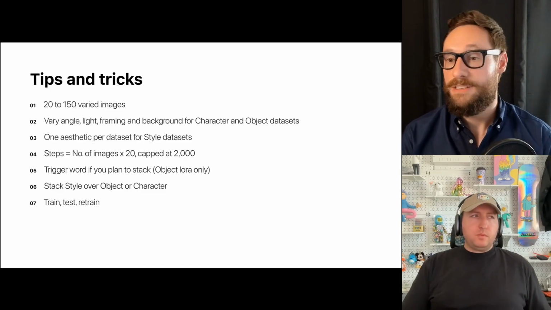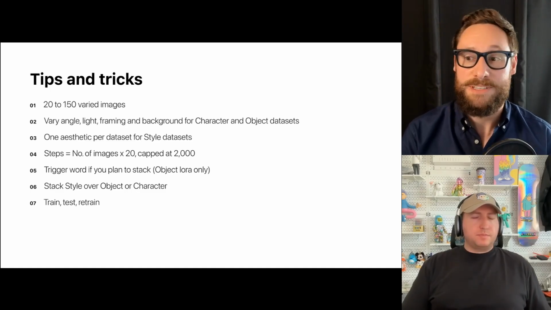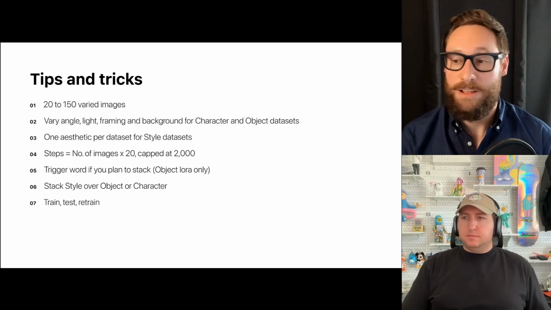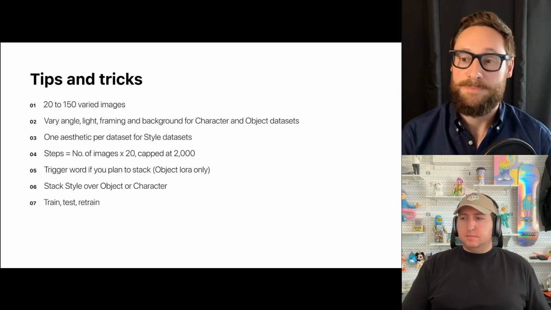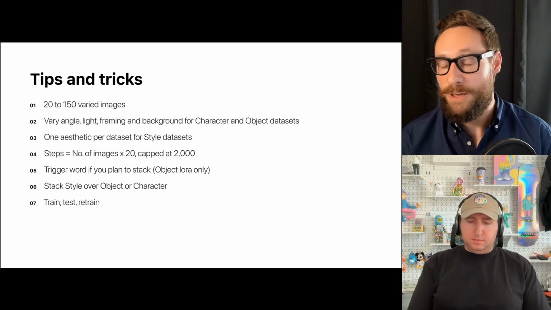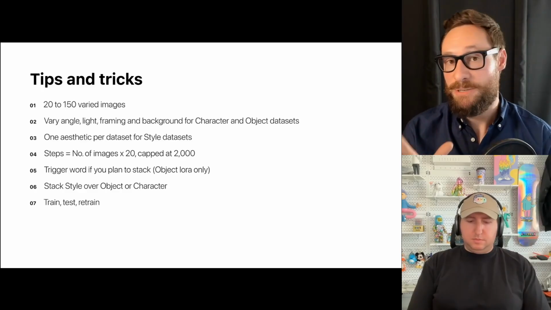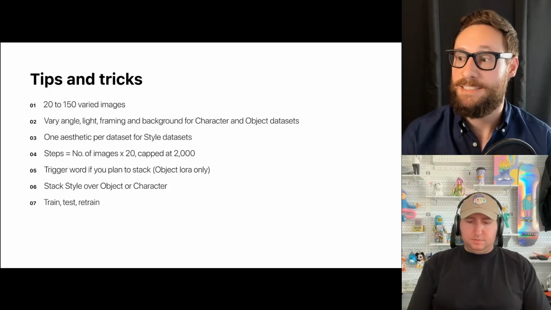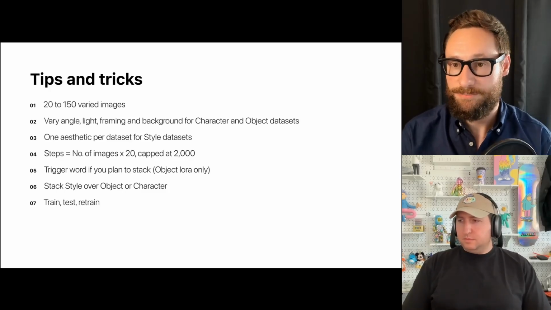Steps are essentially the number of images times 20, up to 2000. You can apply a trigger word if you're doing object LoRas, and you can stack different styles as well. Go ahead and train some, test them, see what you like, and generate more assets to then go back and retrain those.